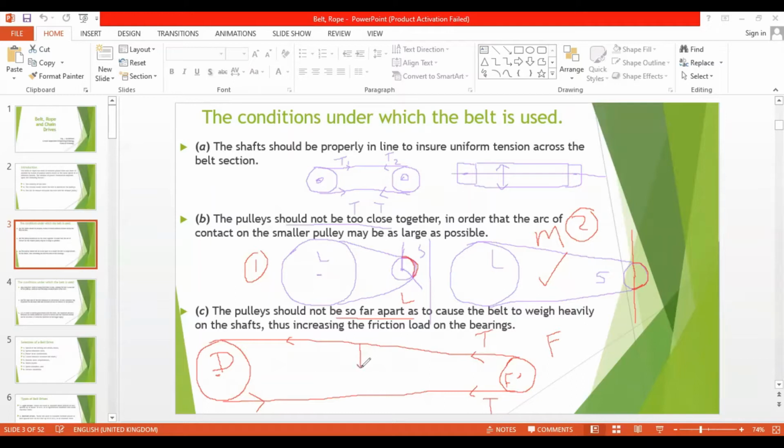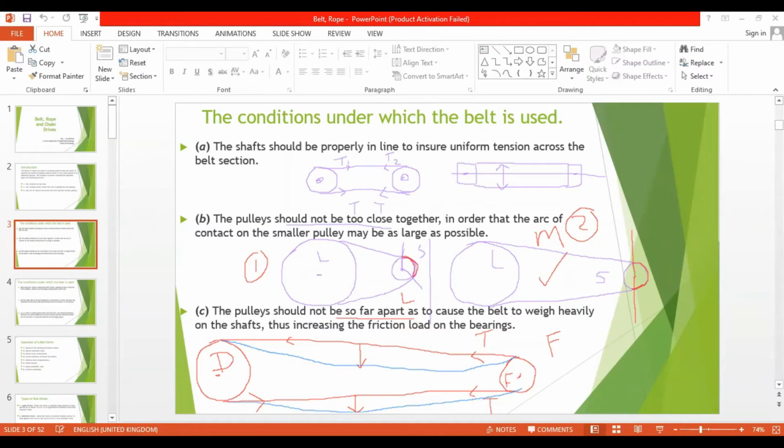Similarly, the weight of this portion will also act somewhere here. At last, what will happen? This belt may sag like this. Similarly, this belt may also sag like this, because weight is acting on it.